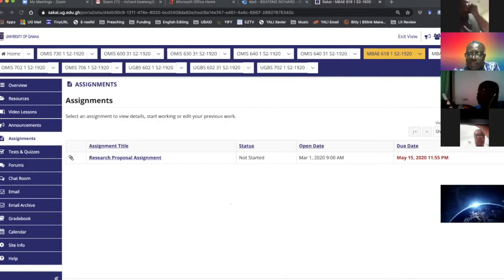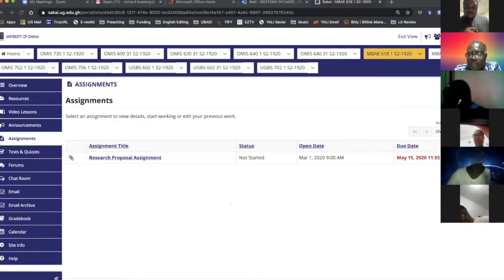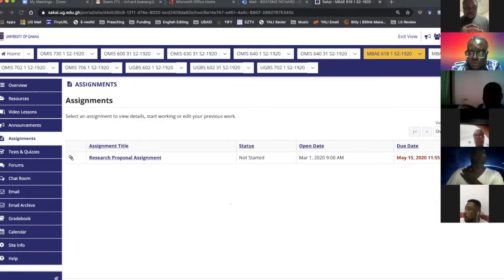So if you do this assignment well and within your respective discipline, you can submit it as part of your proposal to meet the department requirements, so that you can be assigned a supervisor. But sometimes when you submit it, the supervisor will change what you should research on. When that happens, you may be asked to write another proposal.